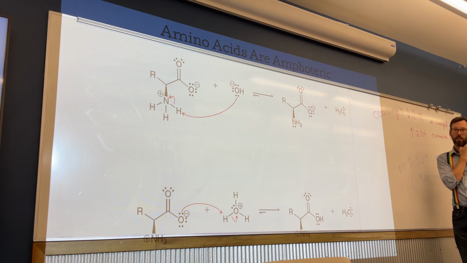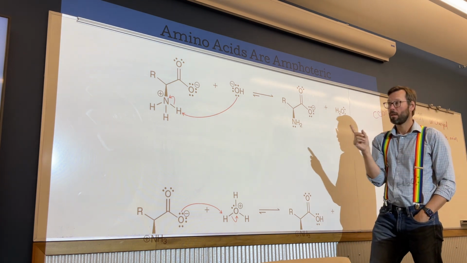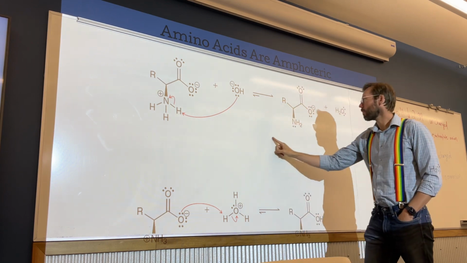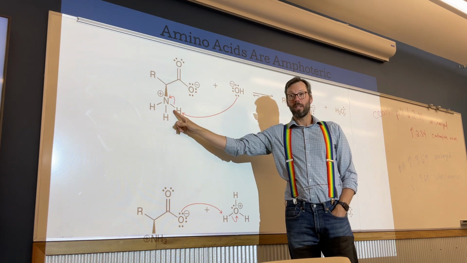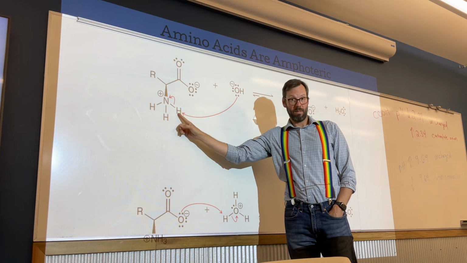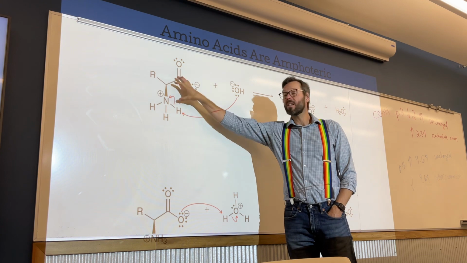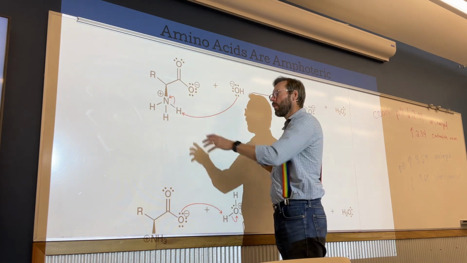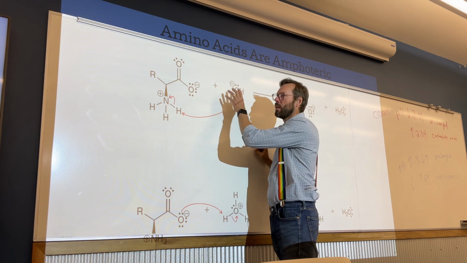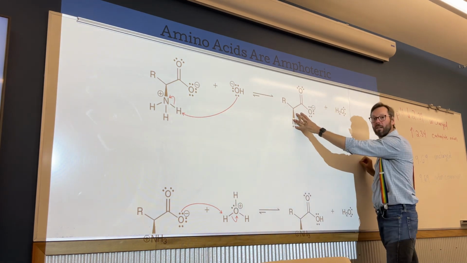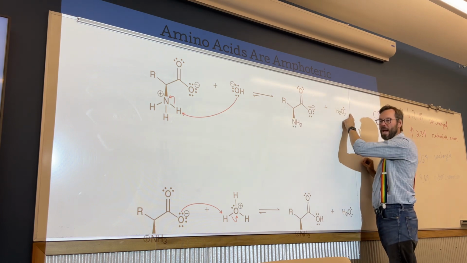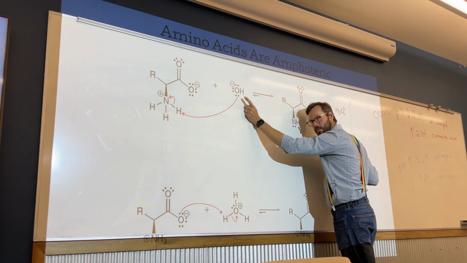The conjugate acid or base? We're treating it with base. Conjugate base because it's missing a proton. Here, it's donating, or getting rid of, a proton. So in this scenario, when we put this amino acid in a basic solution, it's going to be an acid. Okay? And then this is the conjugate acid of this base.